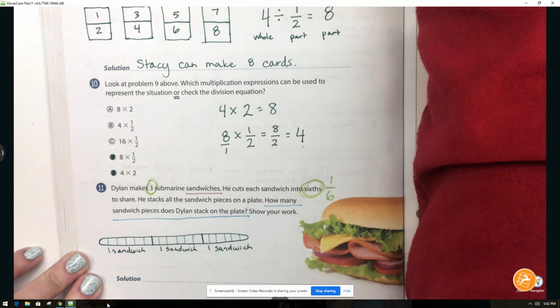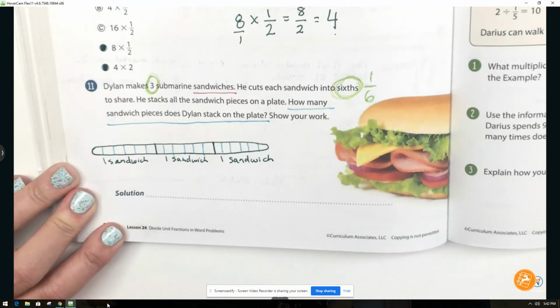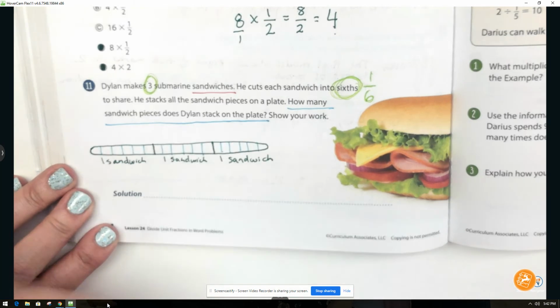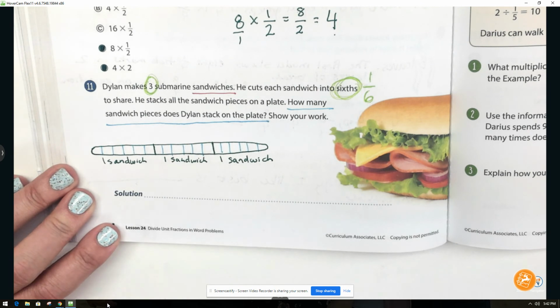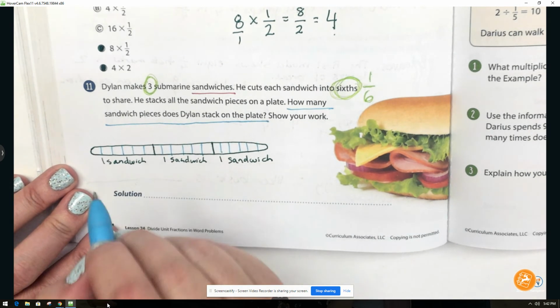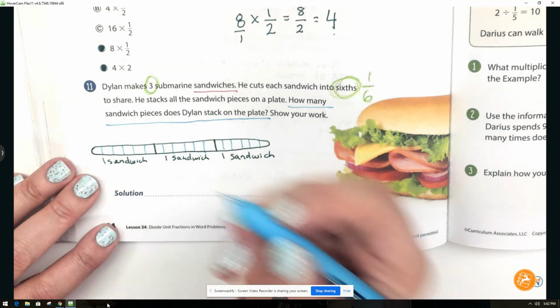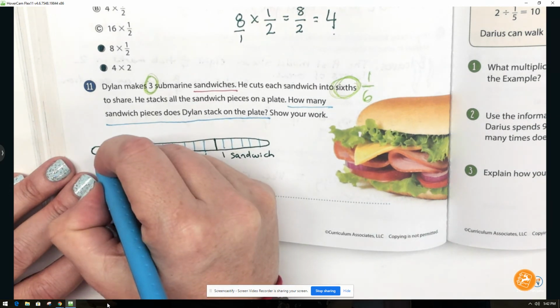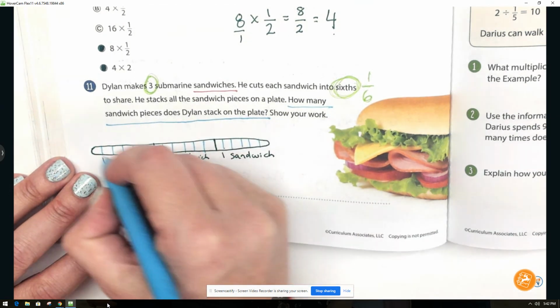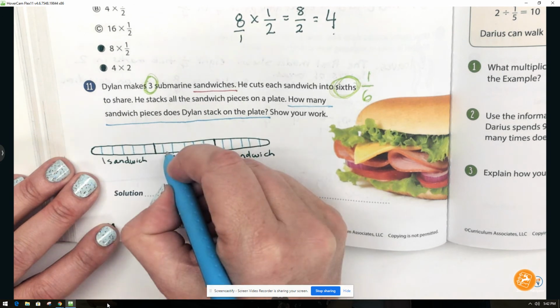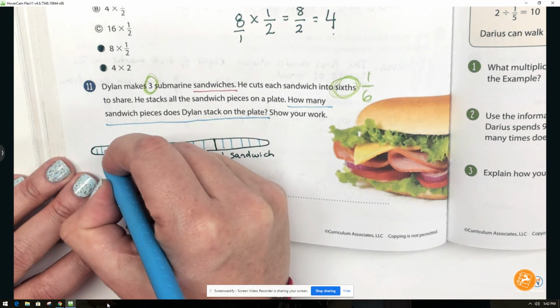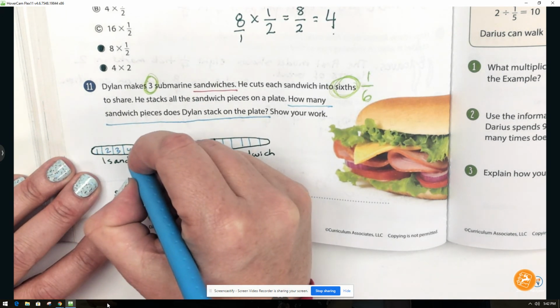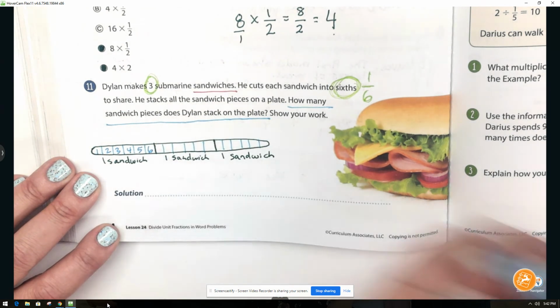And now to solve this problem, all we need to do is just count how many equal parts we have. So I'm going to do it a little bit differently, and I am going to count how many parts there are in one sandwich. 1, 2, 3, 4, 5, 6.